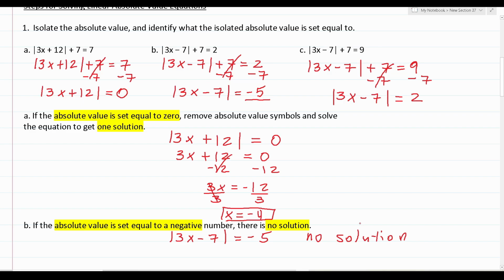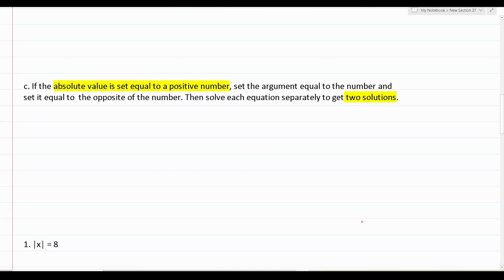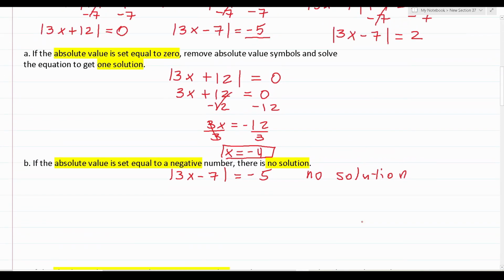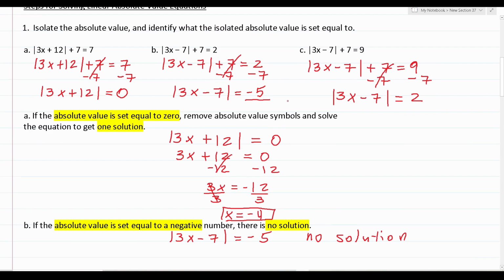All right, and finally, let's look at our third rule. C says, if the absolute value is set equal to a positive number, set the argument equal to the number and set it equal to the opposite number, and then solve each equation separately to get two solutions. Well, if we look up here, we can see that we have 3x minus 7 equaling 2 right here.